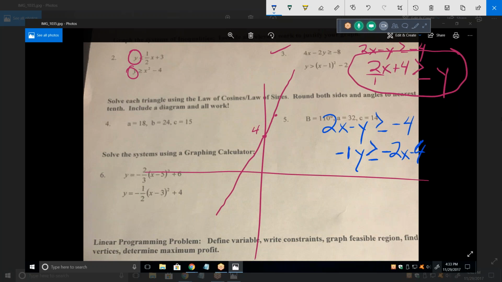If I wrote it like that, you'd be more likely to figure out that you've got to divide both sides by -1, right? Okay. What's the next line? So y is greater than or equal to 2x plus 4.